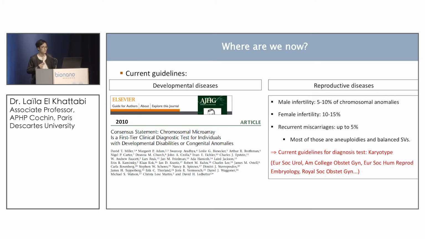For reproductive diseases, karyotype is recommended because you have up to 15% of chromosomal abnormalities, according to the type of infertility. In these chromosomal abnormalities, you have a lot of aneuploidies and balanced structural variations.